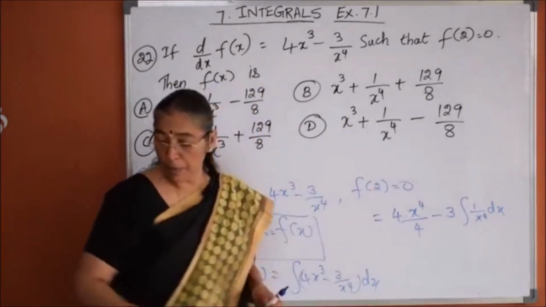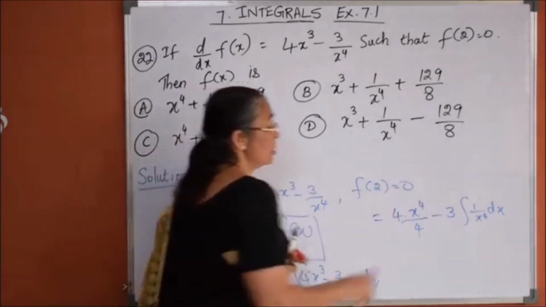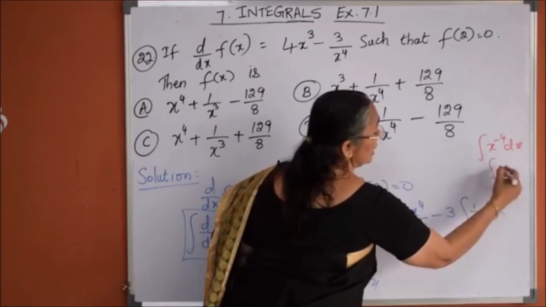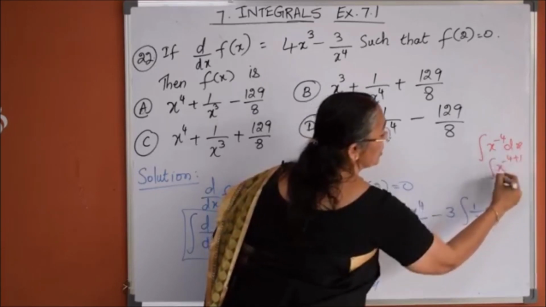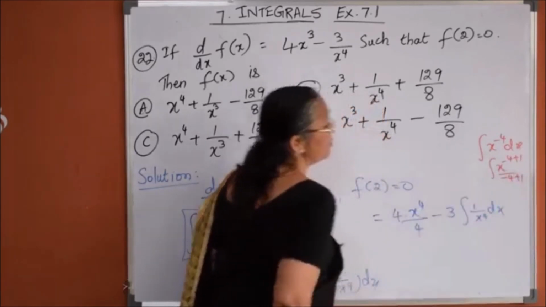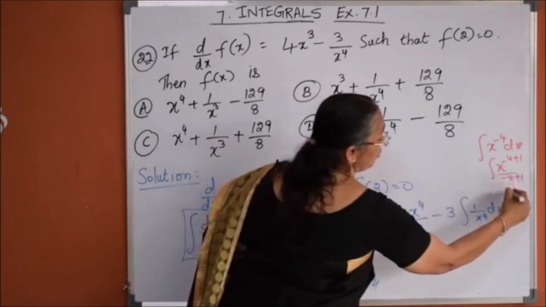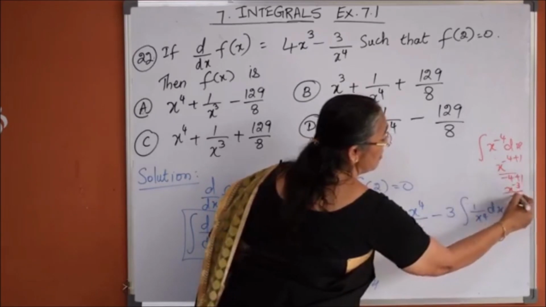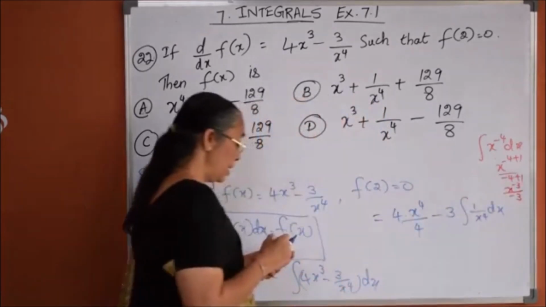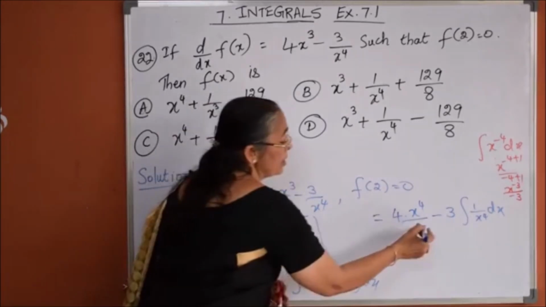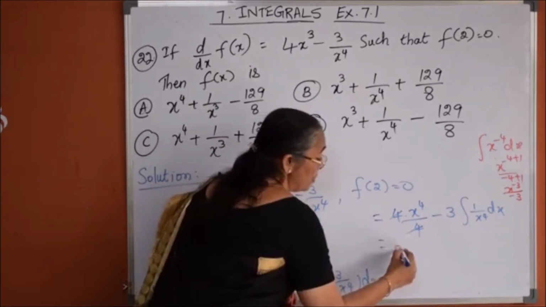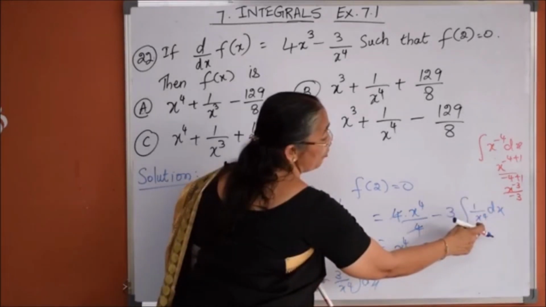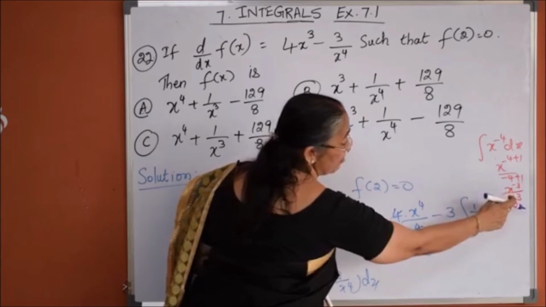So, 1 by x to the power of 4 dx is nothing but integration of x to the power of minus 4 dx, which is x to the power of minus 4 plus 1 by minus 4 plus 1, that is x to the power of minus 3 divided by minus 3. So, this integration can be written as, the first term 4 cancels, x to the power of 4, minus 3 into the integration of 1 by x power 4 dx, here minus 3 is there.